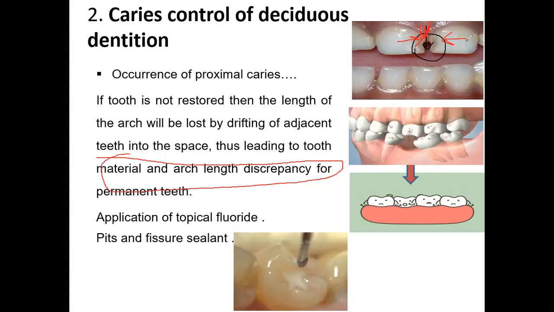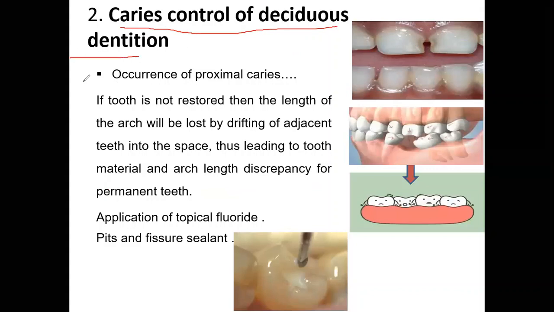This drifting of the deciduous teeth due to proximal caries will lead to tooth material arch length discrepancy, meaning the arch length will be smaller and the tooth material of the permanent teeth is wider. If the permanent teeth do not get enough space, there will be malocclusion, the teeth will be crowded, or they will erupt in an abnormal direction. So caries control of deciduous teeth, especially proximal caries, is very important.